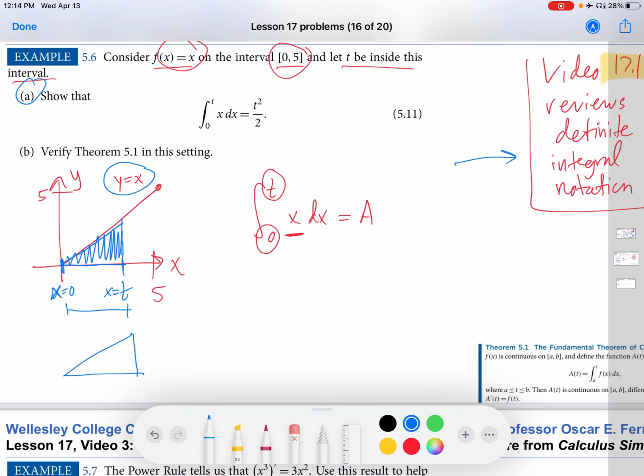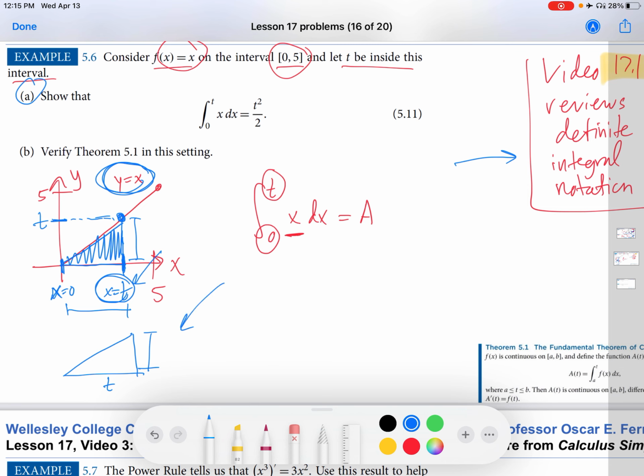The base length of the triangle is t, right? If you imagine t is like 4 or 3, that would be what goes down here, 4 or 3, that's the base length. And the height of the triangle over here is whatever the y value at this point is. But since we're on the function y equals x, and this is x equals t, then the y value is also t.